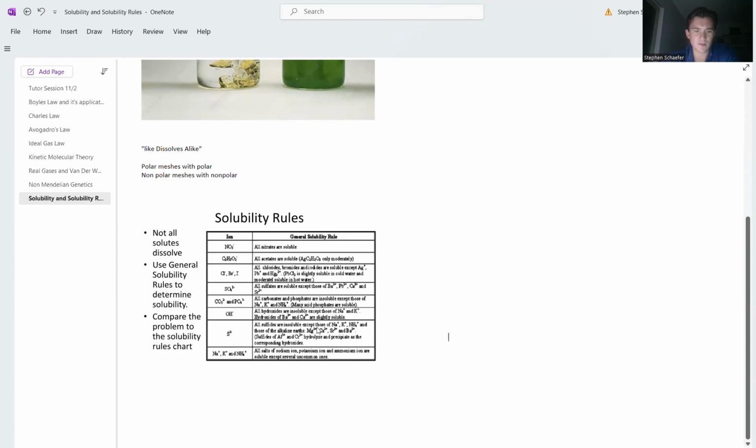So then we make our way down to sulfides, and they're going to be mainly insoluble as well, except with Na, K, NH4, and those of the alkaline earths. So we got magnesium, calcium. Finally, we go down to Na, K, and then NH4. So these are all going to be soluble.